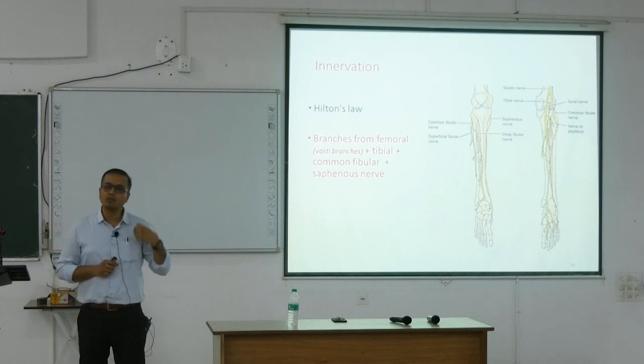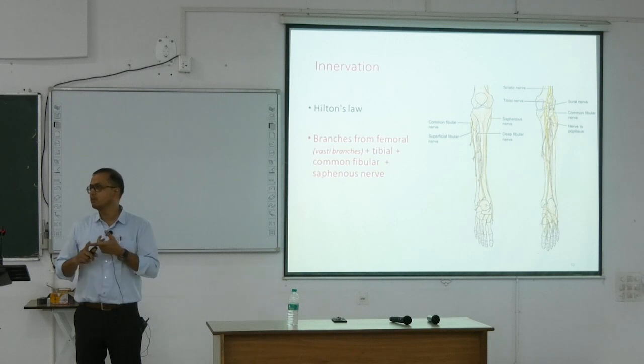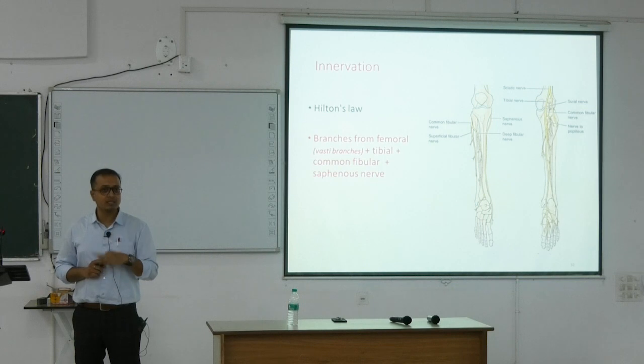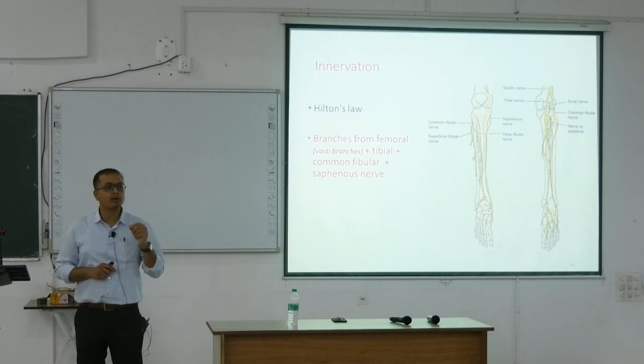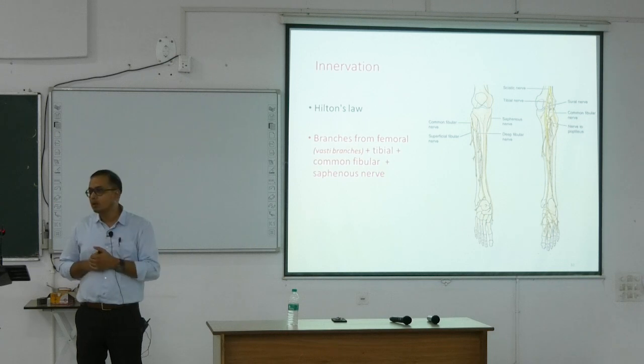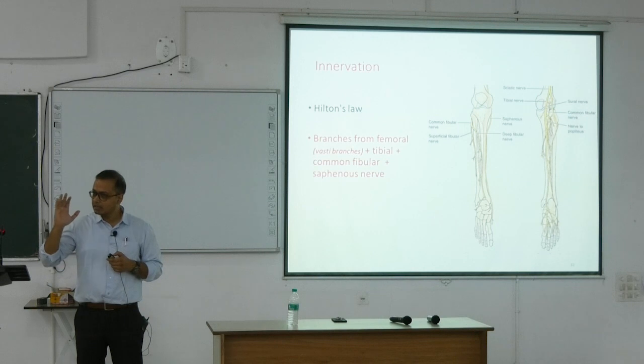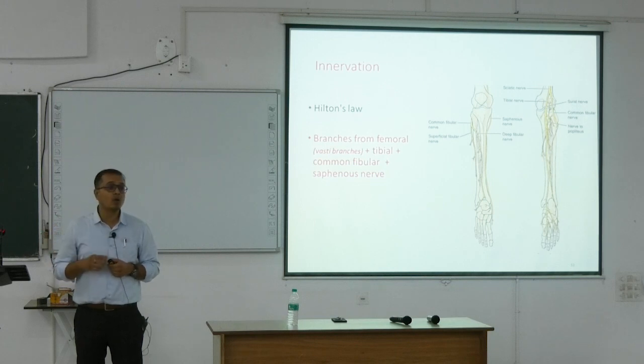Now what are the functions of these articular branches? Their function is to pick up sensation: touch, pain and temperature. Along with that, there is a special sensation we call proprioception, also known as joint position sense. What is joint position sense? It is knowing the position of your joint, whether it is flexed or unflexed, bending, medially rotated or laterally rotated, without looking at it.